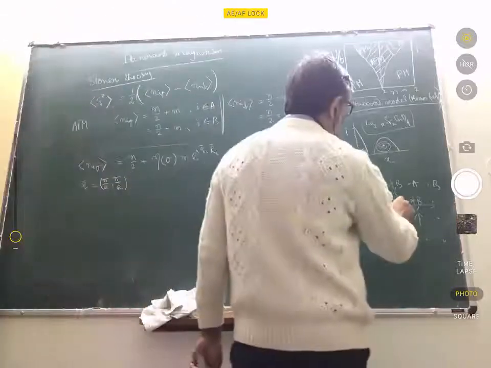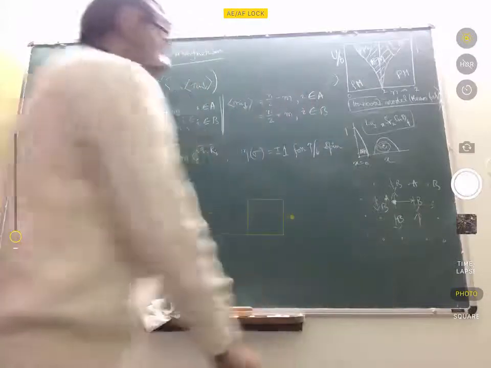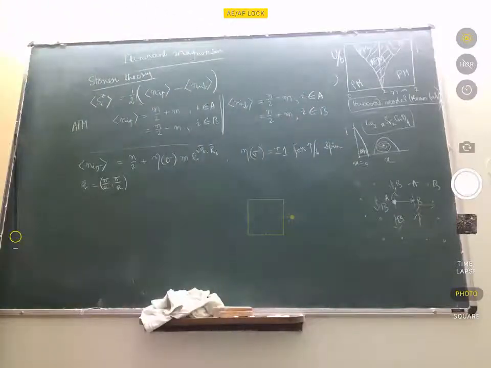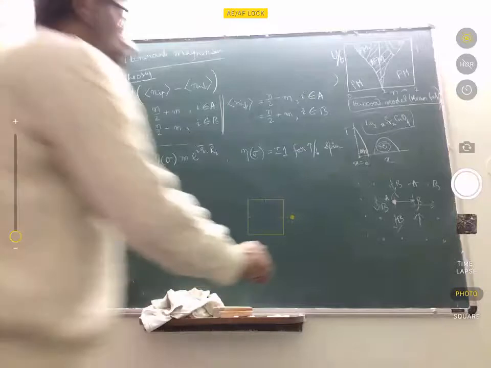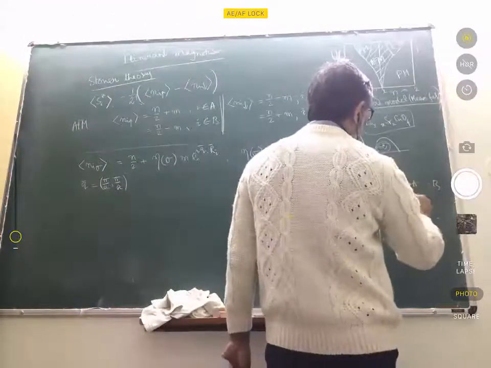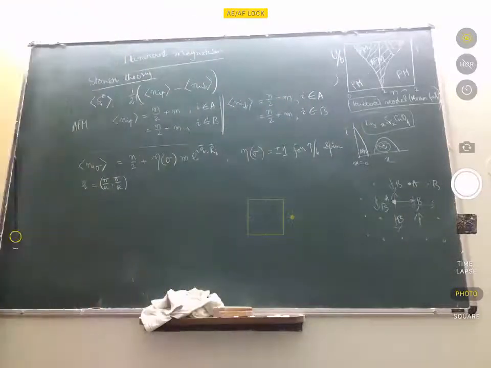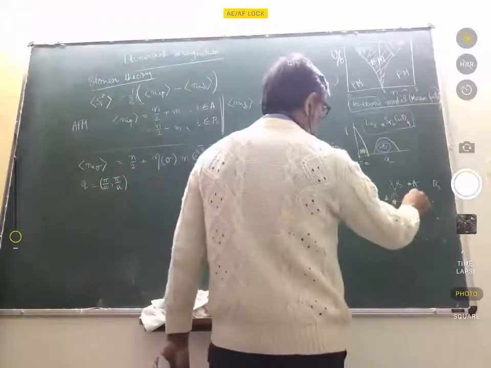It's quite arbitrary, but let us take this A sublattice site as the origin. Then in order to reach another A sublattice site, I have to take an even number of steps in terms of nearest neighbor steps.